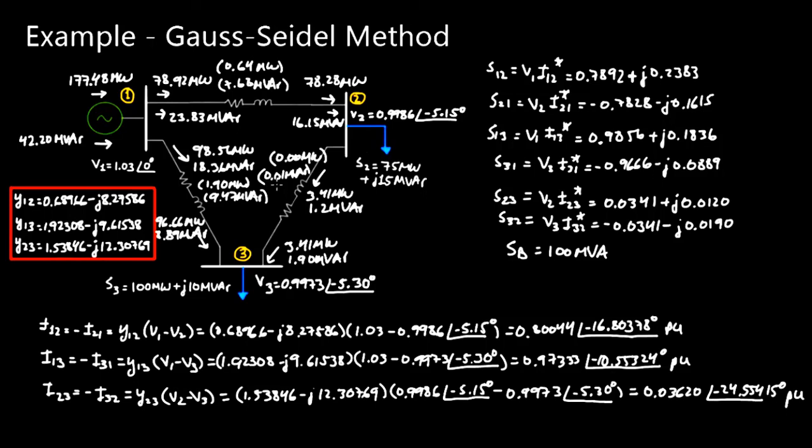And so that's the importance of knowing the theory behind these methods for calculating power flow. That way you know what a computer program is doing to perform a power flow for a large system. But it's not practical to perform a power flow analysis by hand for large systems.